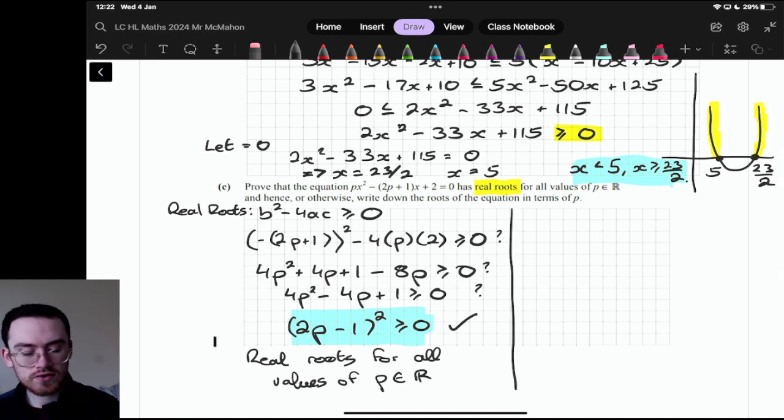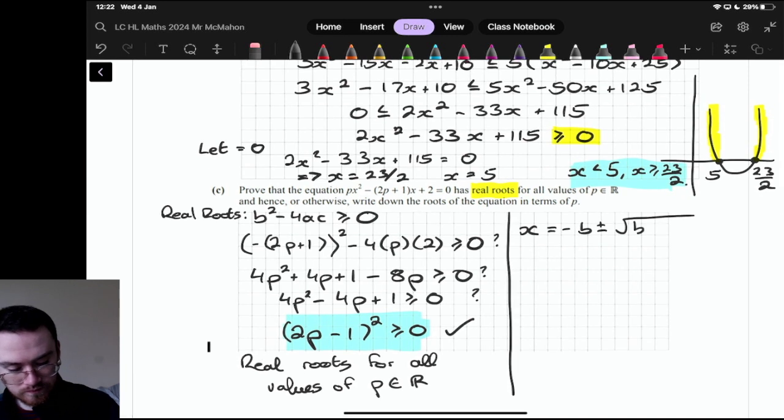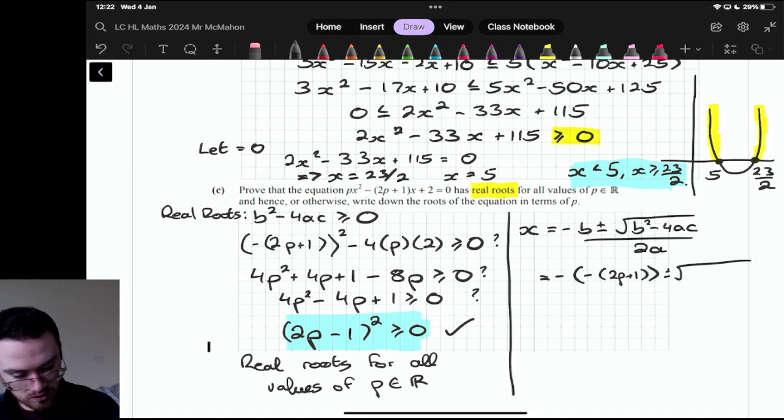Then to write down the roots of the equation, we're going to have to use our minus b formula. So minus b, which is 2p plus 1, plus or minus the square root of b squared minus 4ac. Now b squared minus 4ac is exactly what we've done on the left hand side here, so we can take a little bit of help from that side to save us doing it out again.